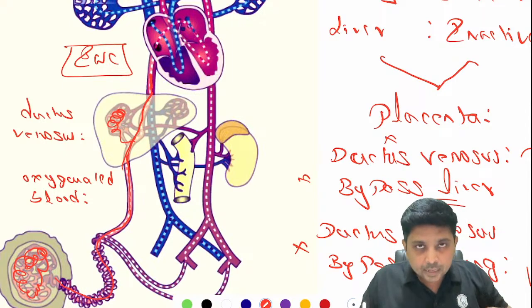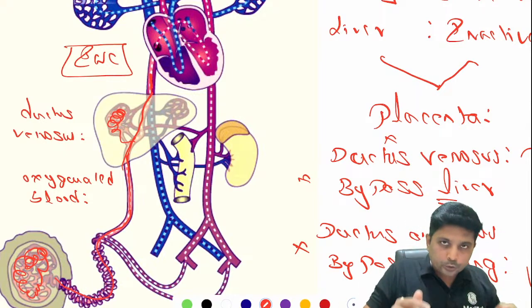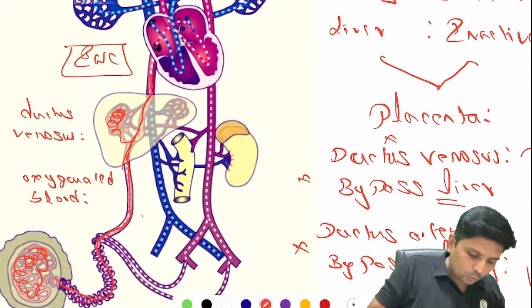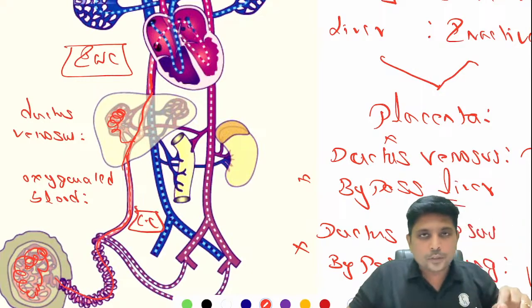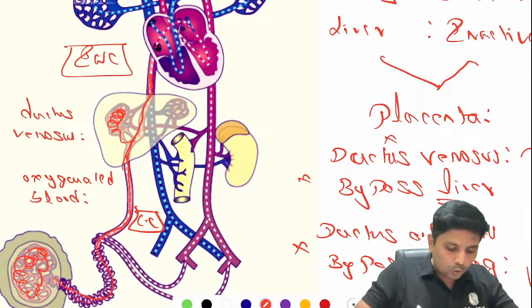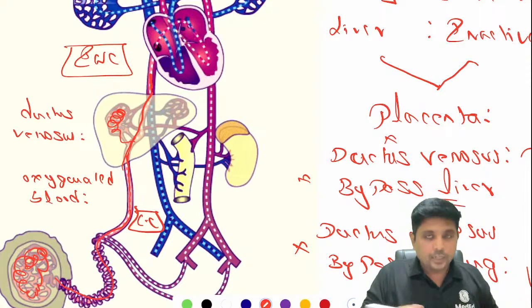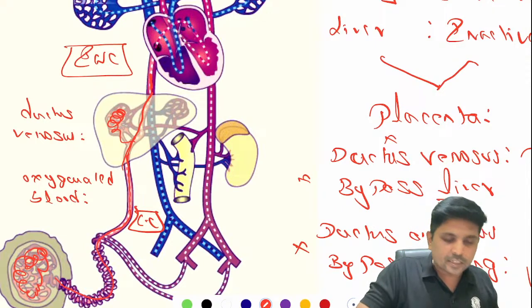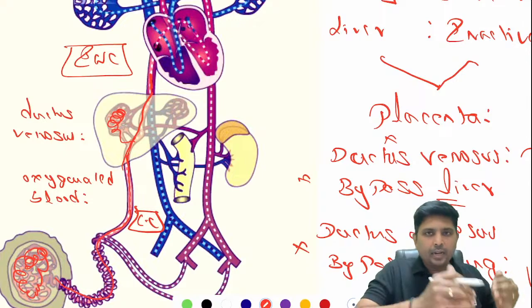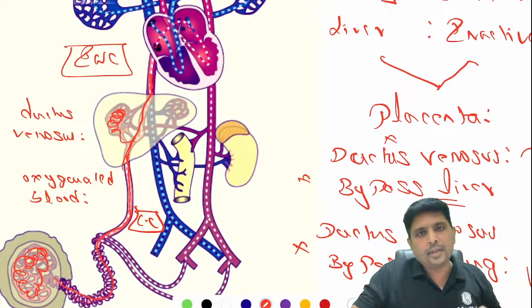Remember, this inferior vena cava also receives blood from the lower limbs, as a result of which the saturation that reaches the right atrium will be less compared to the umbilical vein.